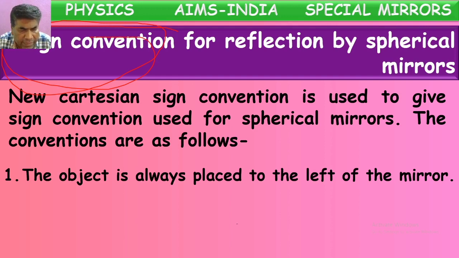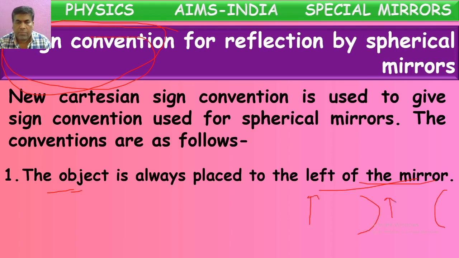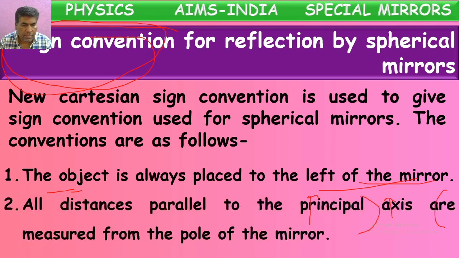According to this sign convention, the object is always to be placed to the left of the mirror, either concave mirror or convex mirror. That is the first rule.